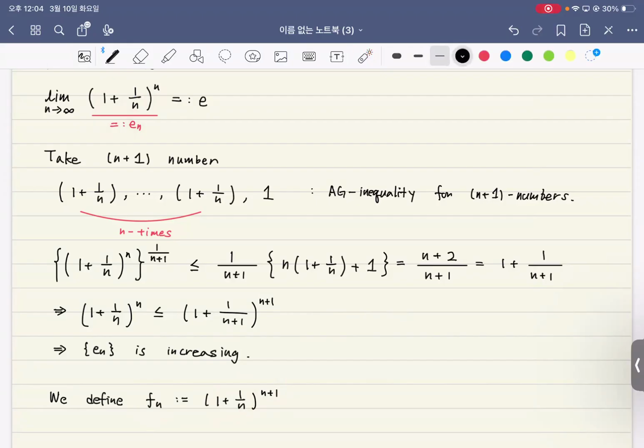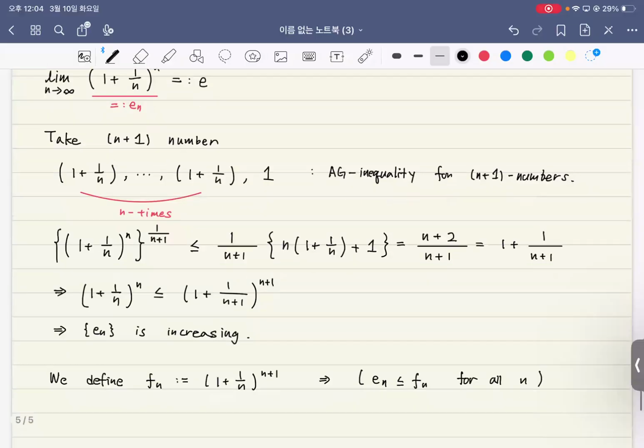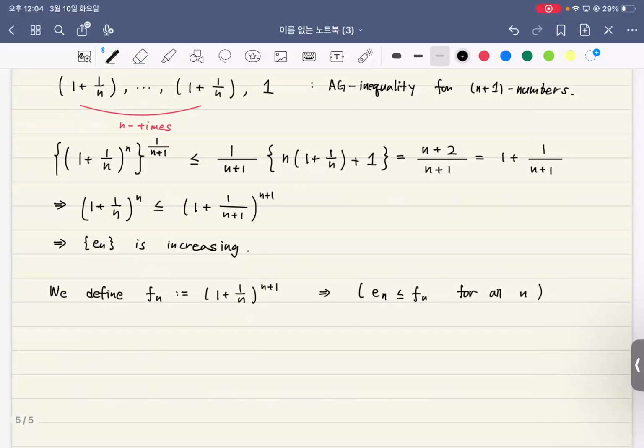Okay, so E n is less than F n for all n. All right, and now I want to show that the sequence F n is a decreasing sequence.